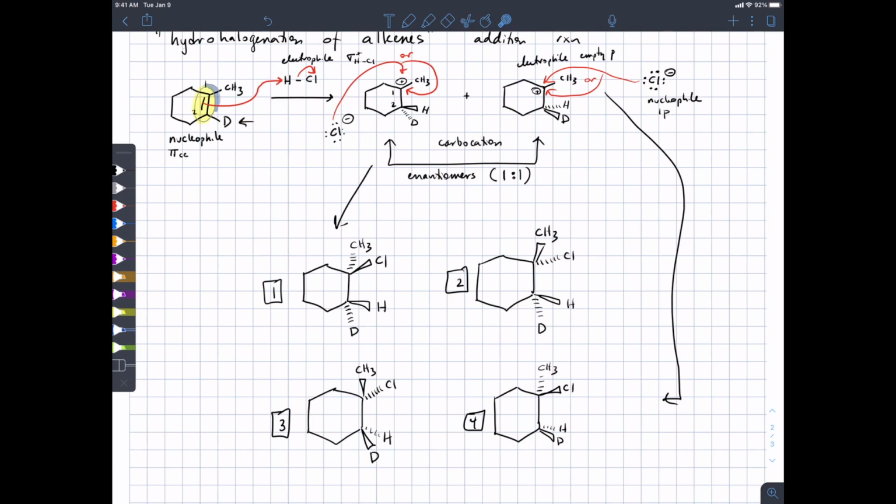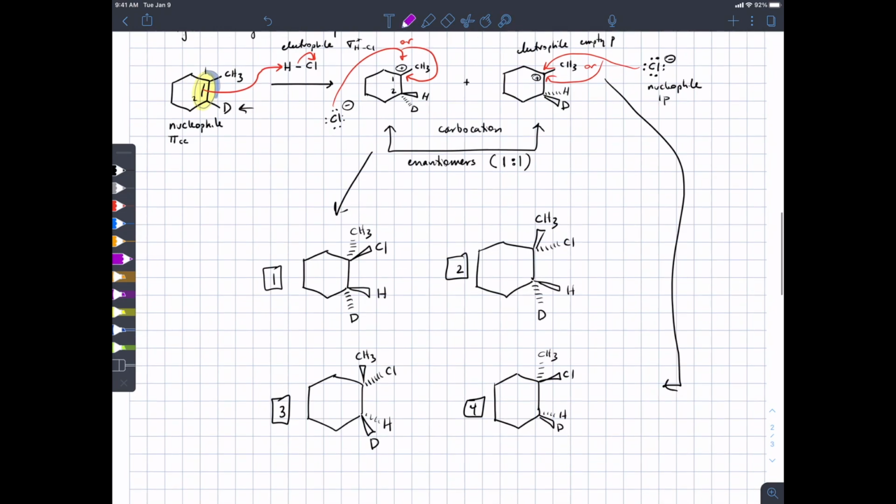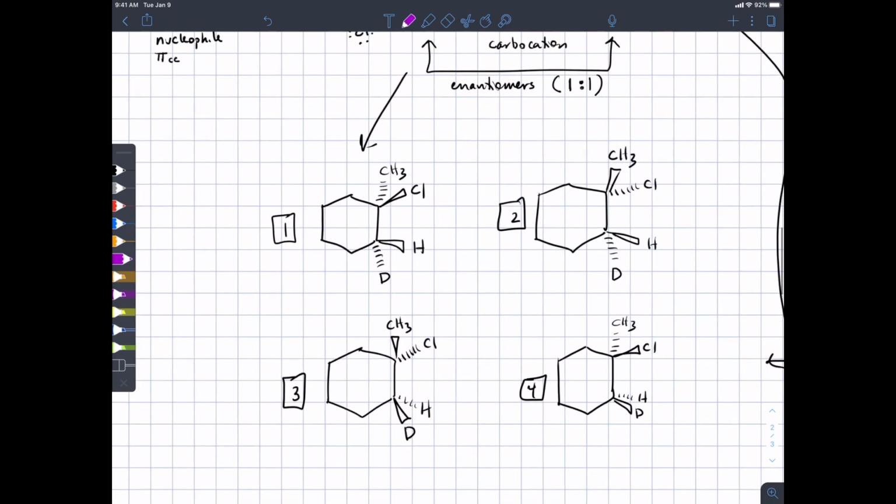So let's look at the relationships between these molecules. What's the relationship between 1 and 3? What do you see there in terms of the stereochemistry? An enantiomer, and you know that how? Because both configurations are opposite. Good.